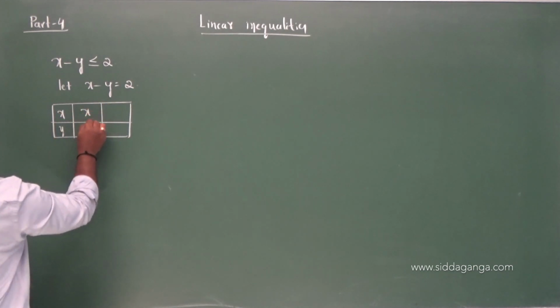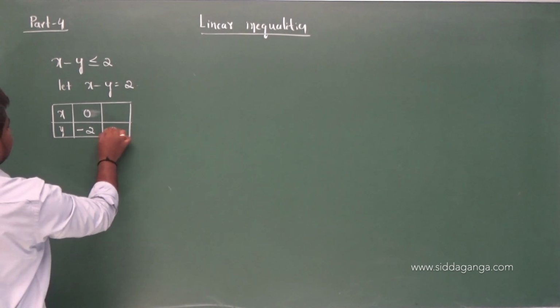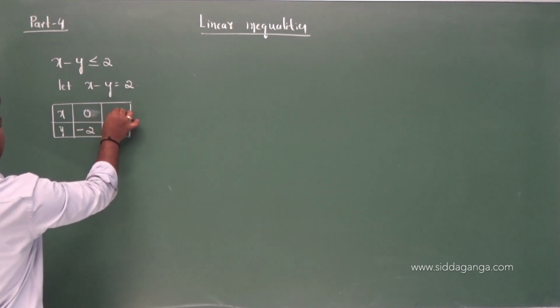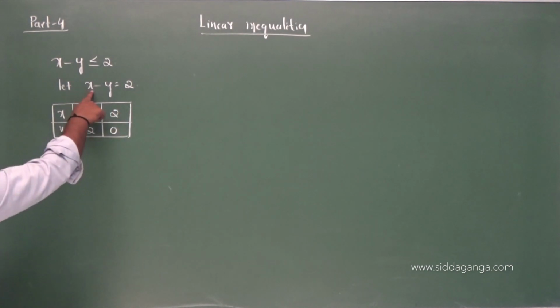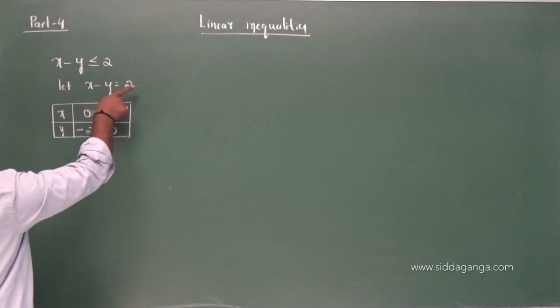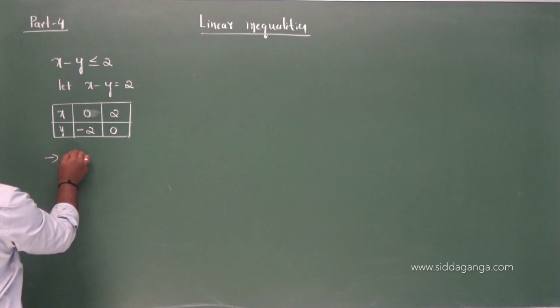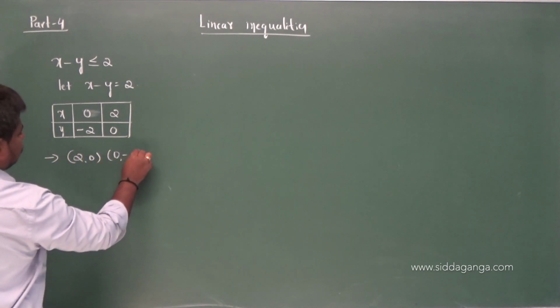When x is 0, y becomes minus 2. When y is 0, x becomes 2. So this line passes through the points 2 comma 0 and 0 comma minus 2.